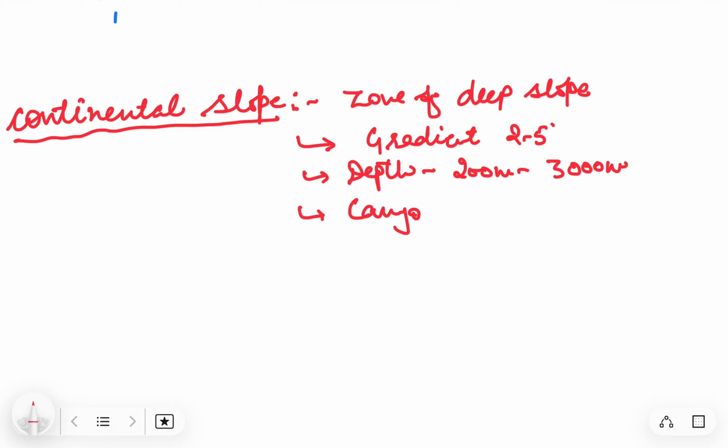And here we observe the canyons and trenches. At the seaboard ends of these canyons, a large amount of sediments are deposited and spread out in a fan-like manner. So it will form the continental rise.